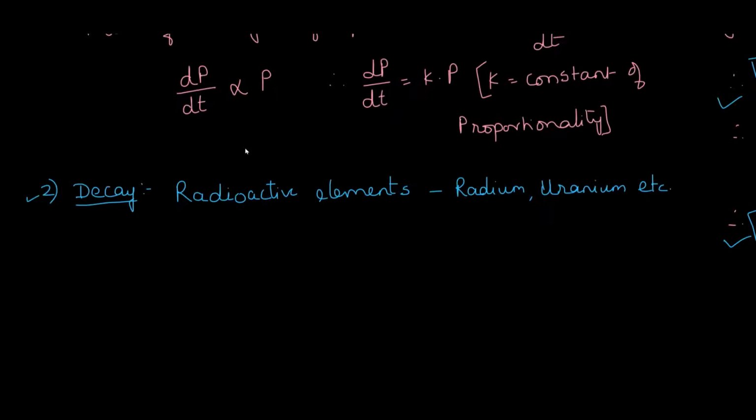We call them radioactive because they disintegrate with time. That means the mass of these substances decreases with time. That is one characteristic of a radioactive element.